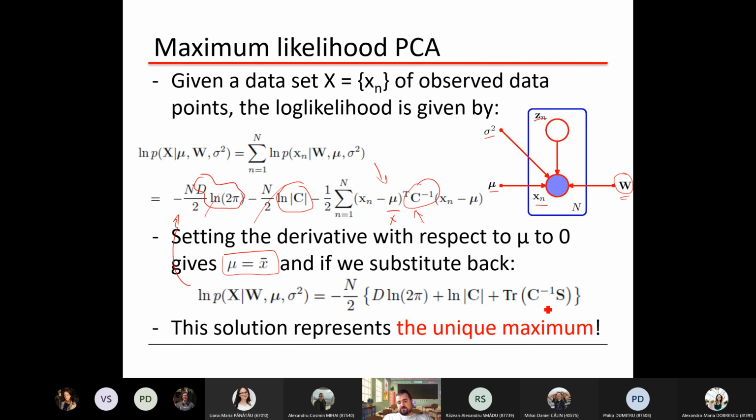And fortunately, this solution represents the unique maximum.